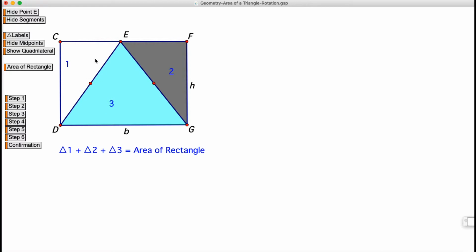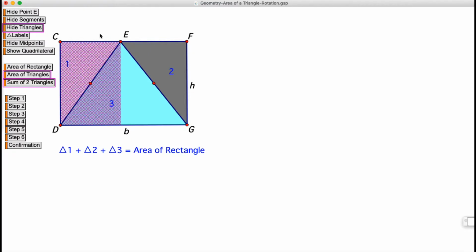And now when I do that, I can see that triangle 1 is now rotated inside of triangle 3.